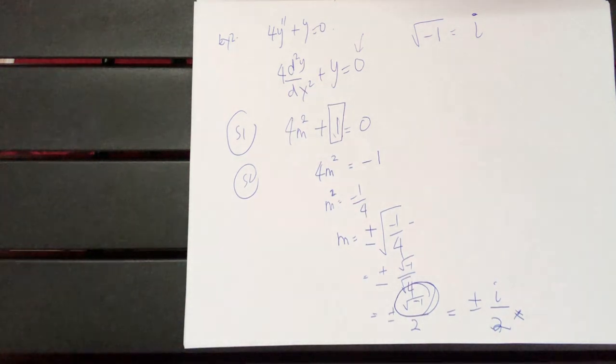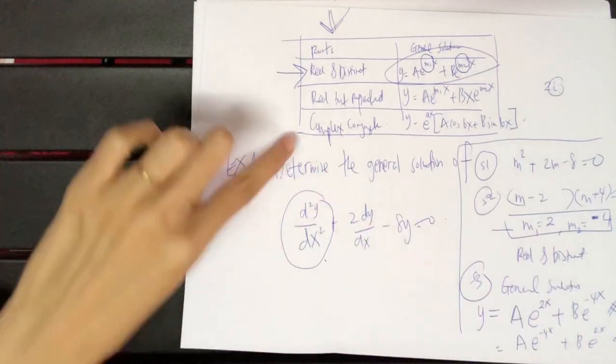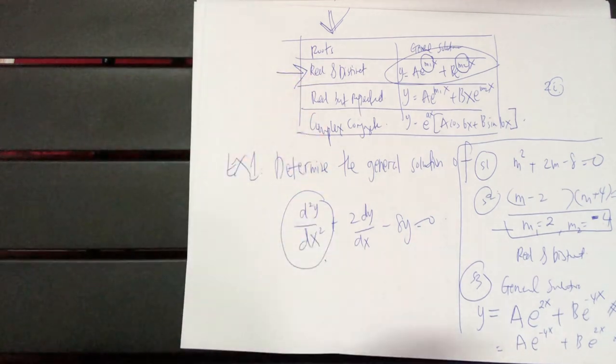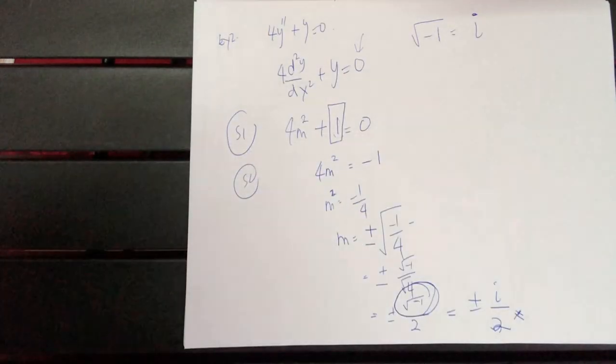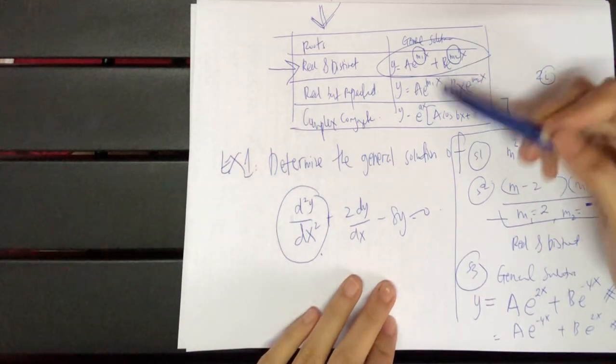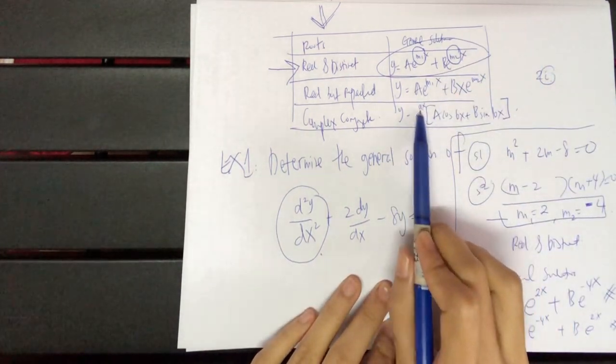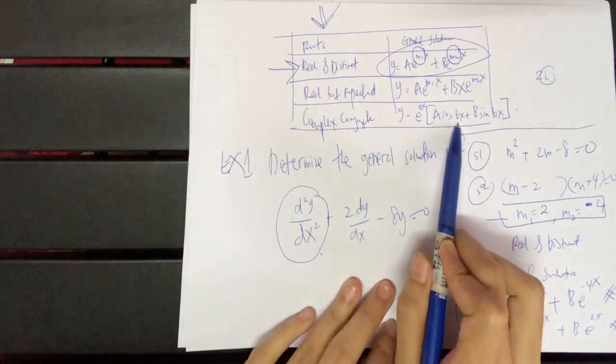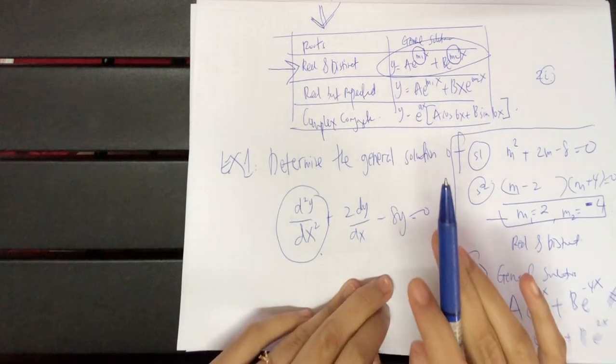So this one, if you see there is an i, it means that it is definitely a complex conjugate. It's not a real number. It must be a complex conjugate. And for the general solution for the complex conjugate, they have a small a and a small b. They have no m.